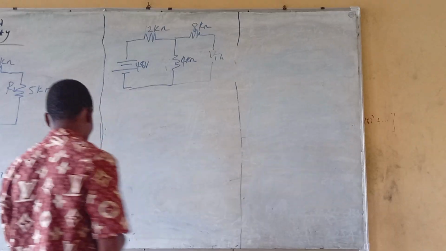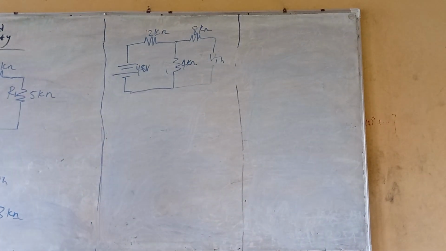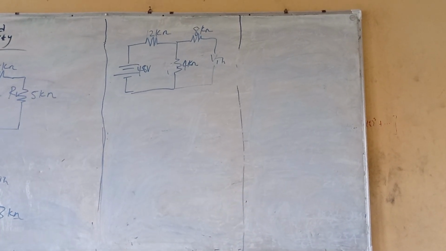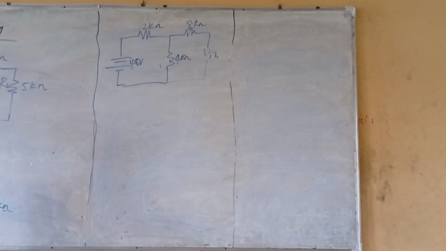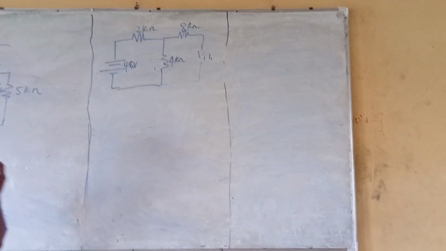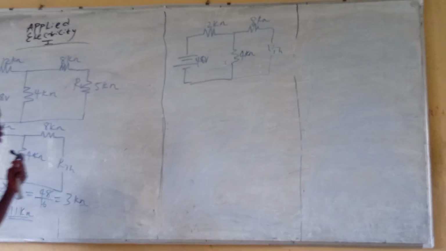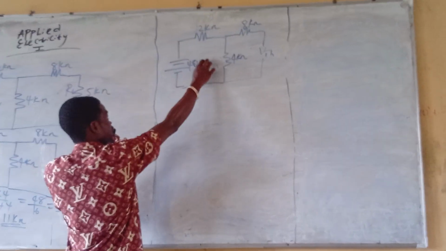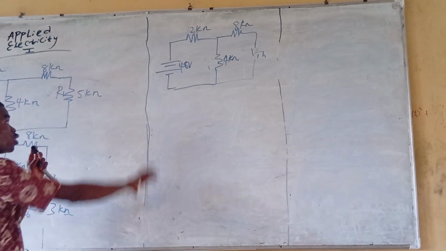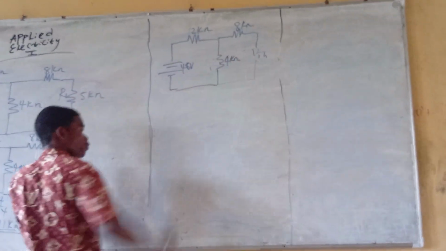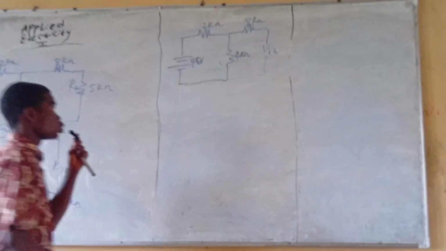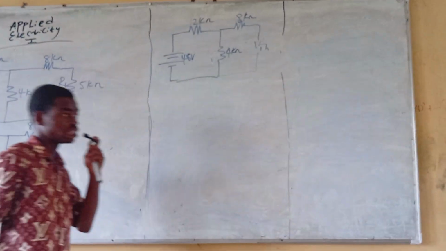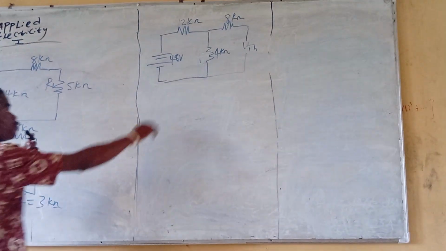Okay, this one here is very simple. We are just going to apply voltage divider alone. Voltage divider works in a series circuit. Understood? So where do we find a series circuit here? This is a series circuit. So we are going to use this circuit here to find our VTH. What's the opposite resistance facing VTH? Is 4, right?